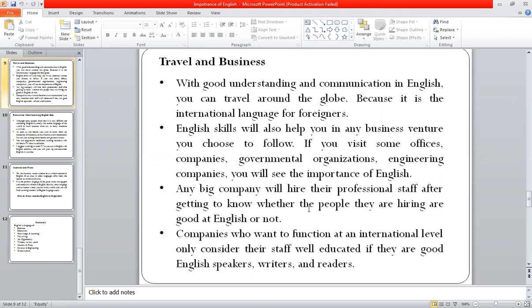These are known to be international level companies, and they work on the international level.